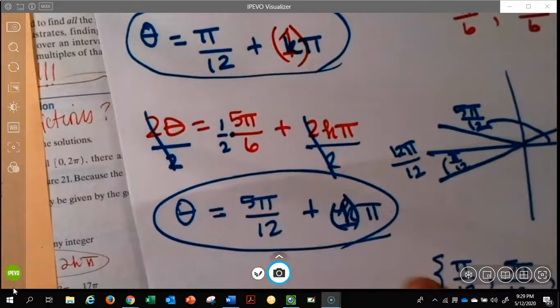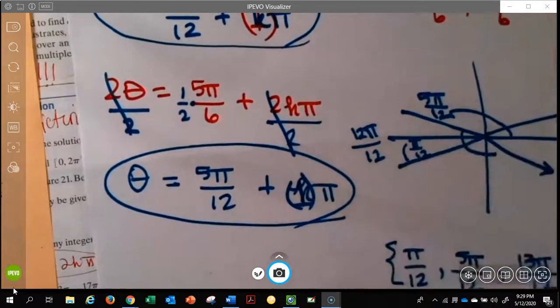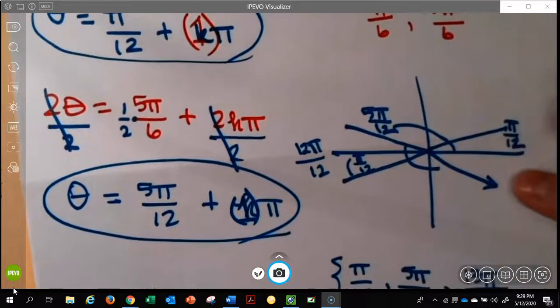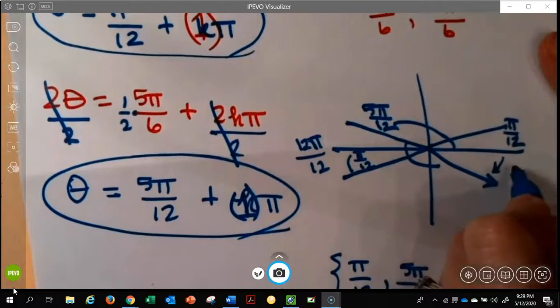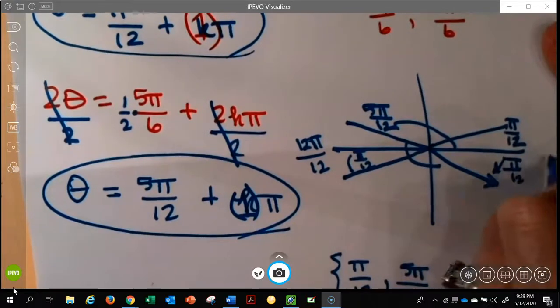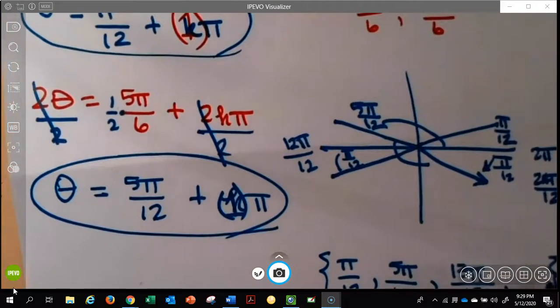I could let this k be 1, and that's going to flick me on around to a very not straight line, but it's going to put me on around here where I'm backing off that pi over 12. And so if this was 2 pi, then that's like 24 pi over 12. And if I back off a pi, then that's going to put me at about 23 pi over 12.